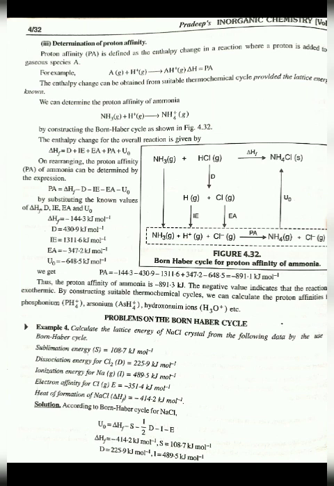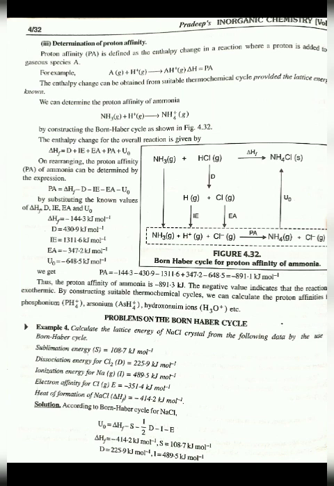We get PA is equal to minus 144.3 minus 430.9 minus 1311.6 plus 347.2 plus 648.5, which is equal to minus 891.1 kilojoule per mole. Thus, the proton affinity of ammonia is about minus 891 kilojoule per mole.